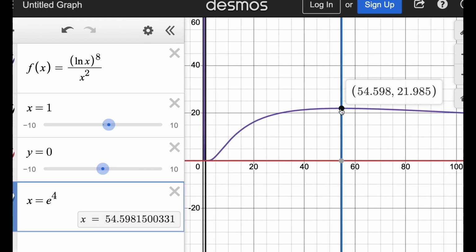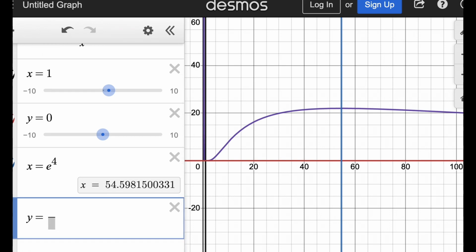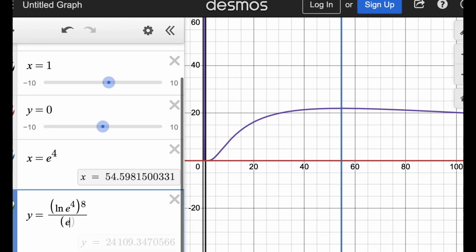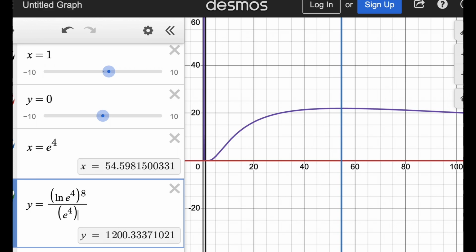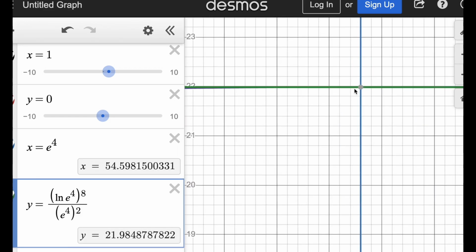It looks like there is one, yeah. At y equals about 21.9, so that's y equals ln e to the 4th over e to the 4th squared. Right there is a horizontal tangent.